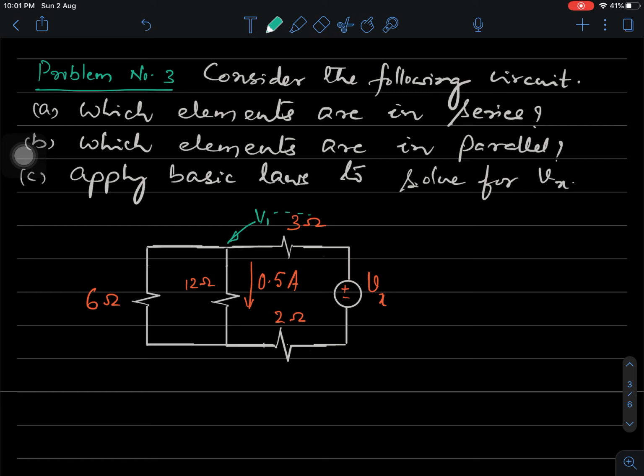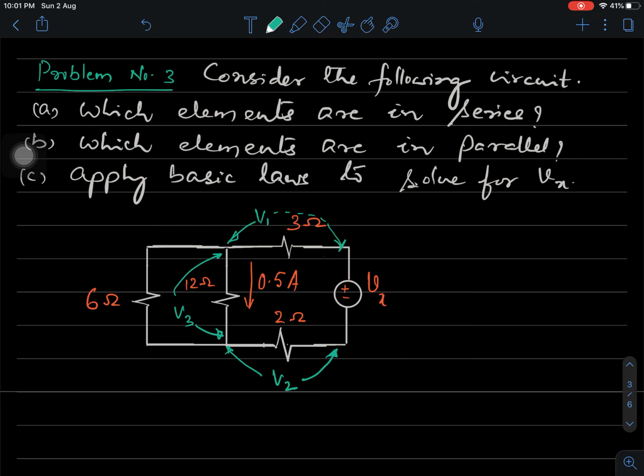Let the potential difference here be V2, and let the potential difference here be V3. Vx is V1 plus V2 plus V3. It is as simple as that.